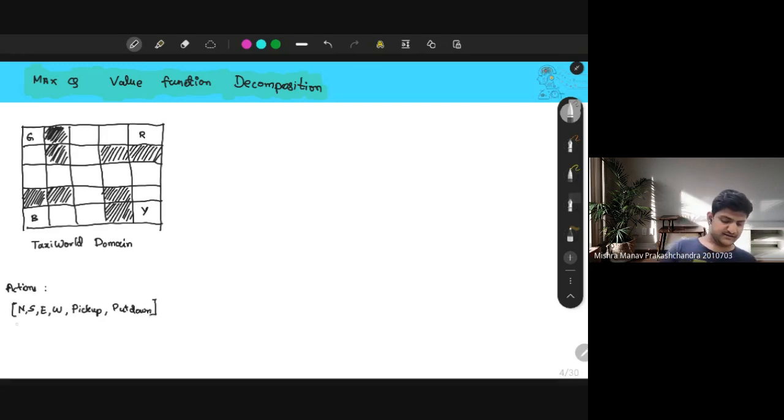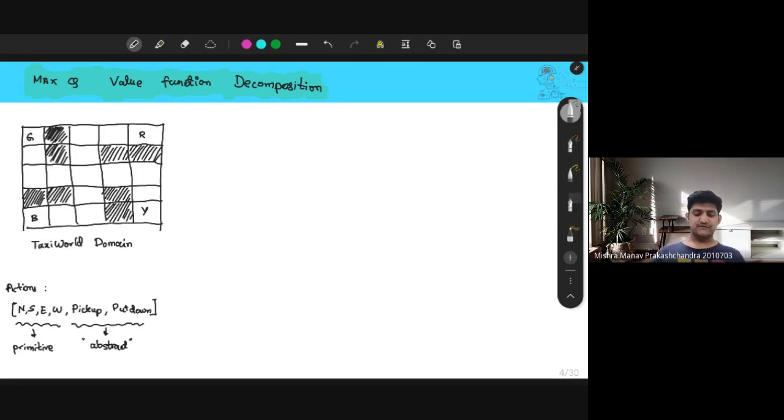Here, these top four actions are known as the primitive actions. Why? Because these actions directly interact with the environment. And these actions are called abstract actions. Or you can say that these actions represent a certain subtask that can be decomposed into further smaller subtasks and so on.